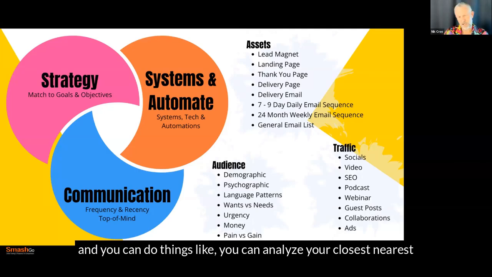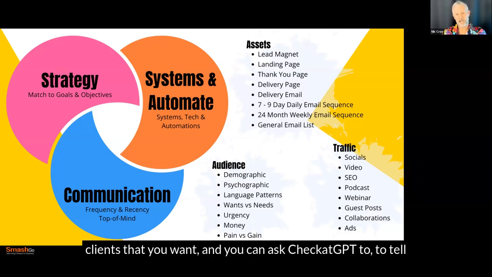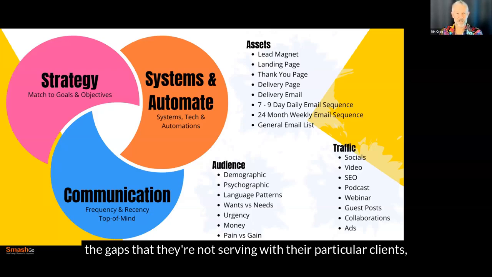You can analyze your closest competitor that may be grabbing your clients, or the sorts of clients that you want. You can ask ChatGPT to tell you their marketing strategy, their client avatar, and what gaps they're not serving with their particular clients.